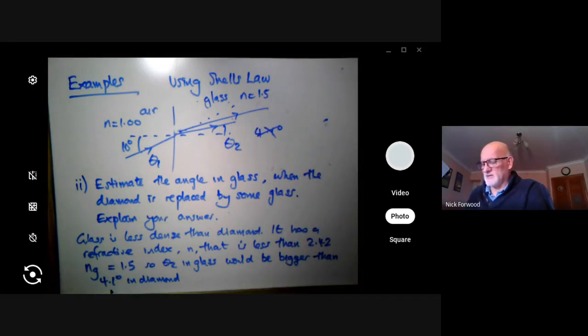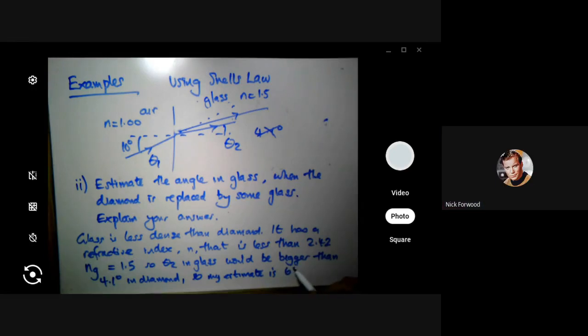So my estimate is the angle is probably, no, it's not as big as 8, it's probably about 6 degrees. So we'll say 6 degrees. It is an estimate. You don't have to do an estimate to lots of decimal places.